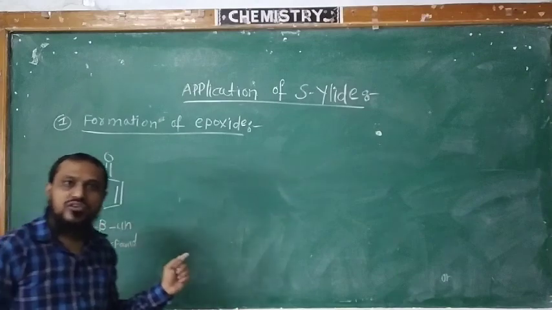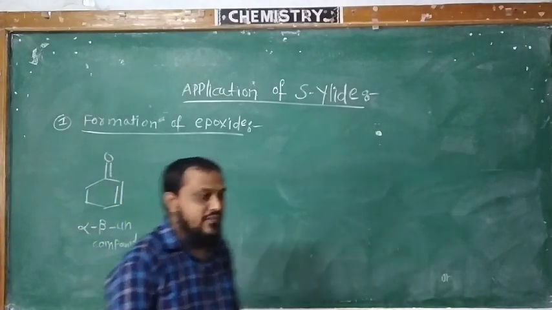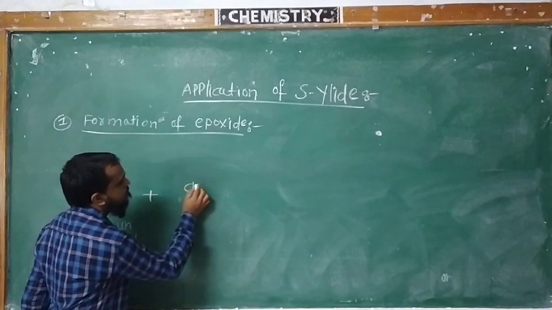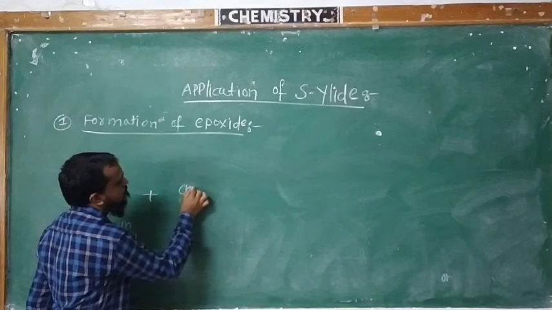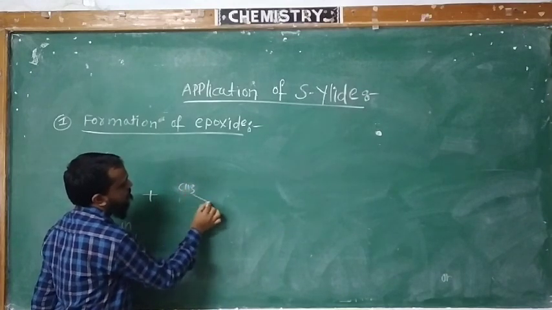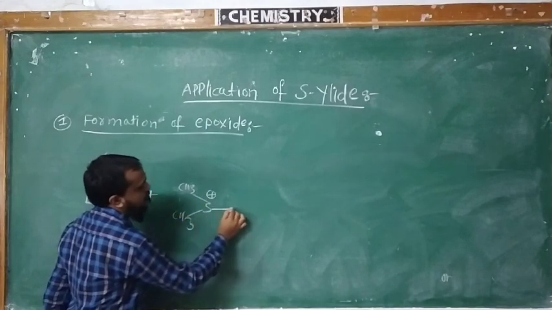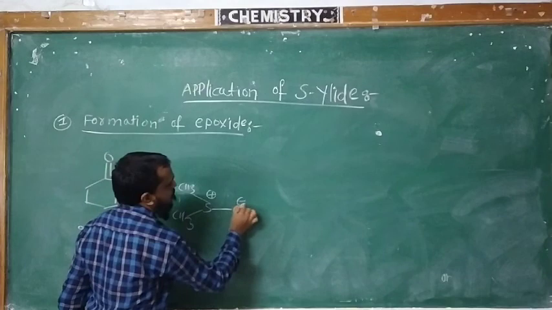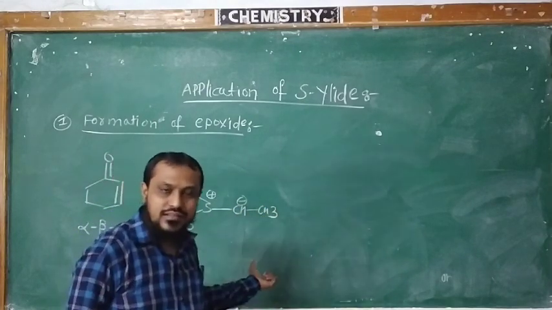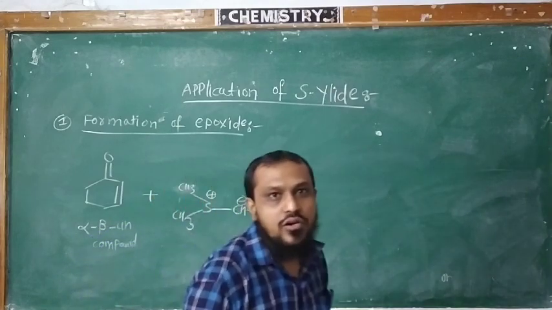If the substrate molecule is alpha beta unsaturated and it reacts with unstabilized sulfur ylide, this is the unstabilized sulfur ylide, it also gives the formation of epoxide.